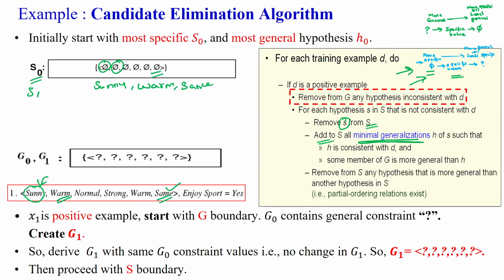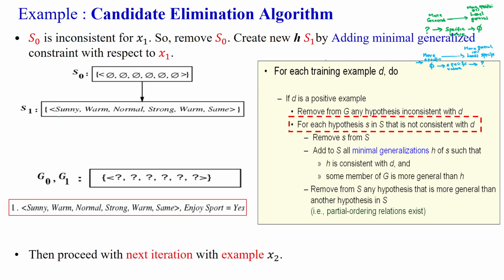Now we compare again: sunny matches with sunny, true. This matches with this, true. Like that, if all match, then all will be true, so it gives true. Now h of S1 with respect to x1 equals c of x1, so both are equal, here also true.